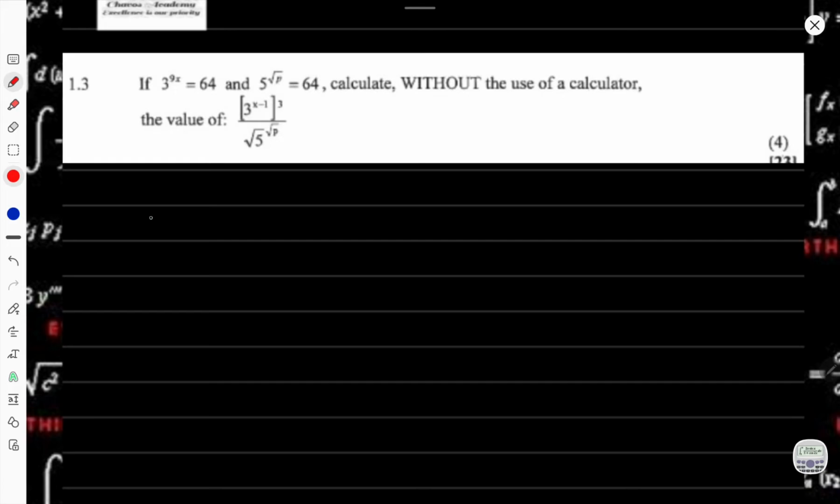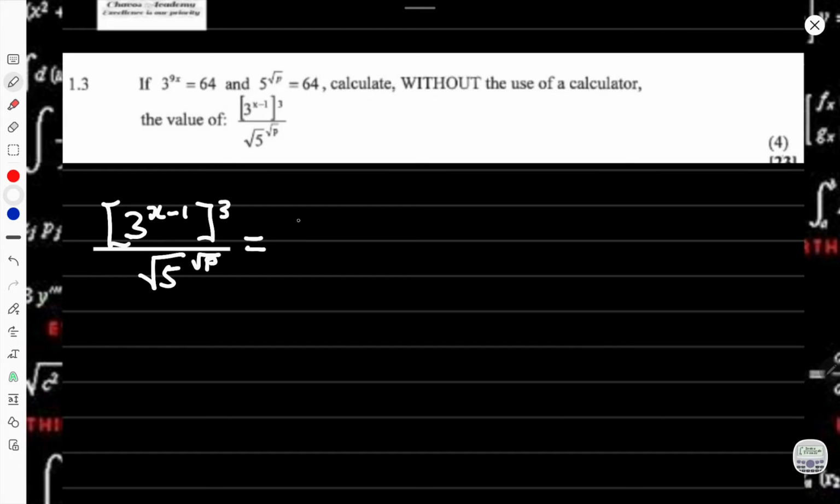We have 3 to the power 3x minus 1, all to the power 3, over square root 5, to the power p. Okay, let's see how we can tackle this.